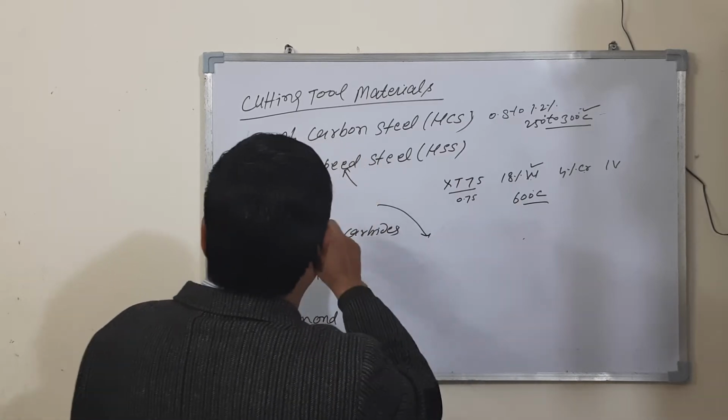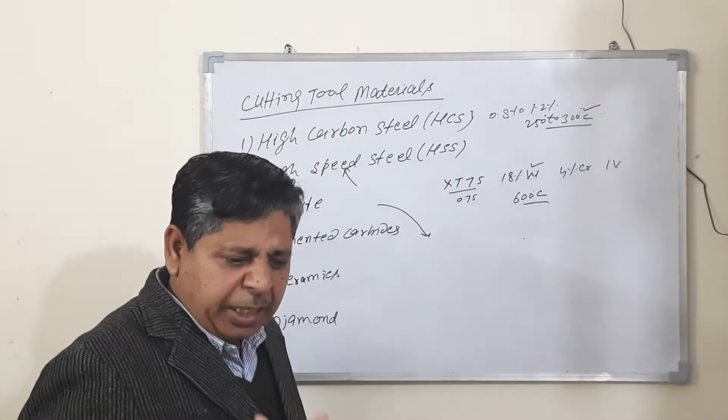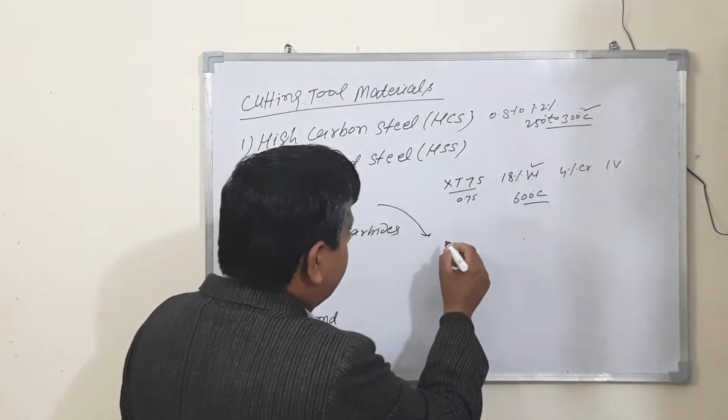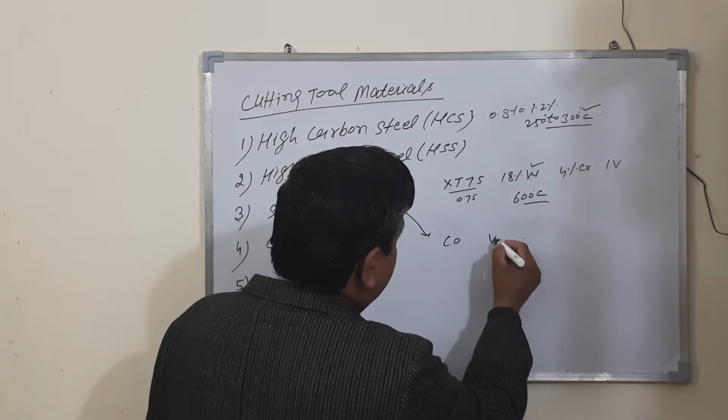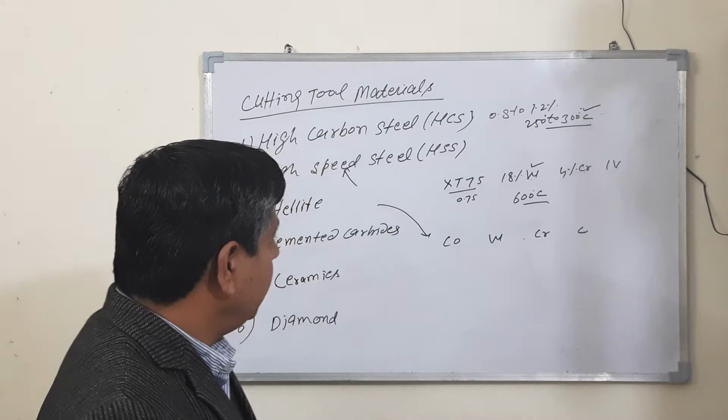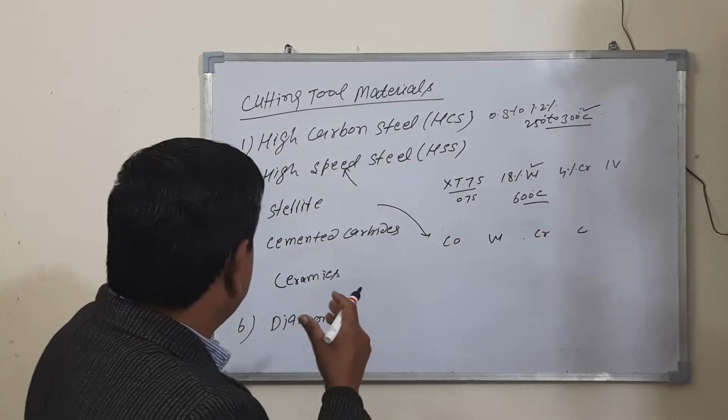The stellite is a non-ferrous metal. It consists of cobalt, tungsten, chromium, and carbon. It is a mixture.